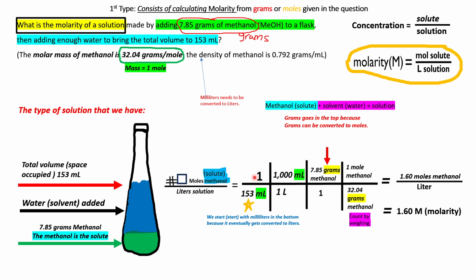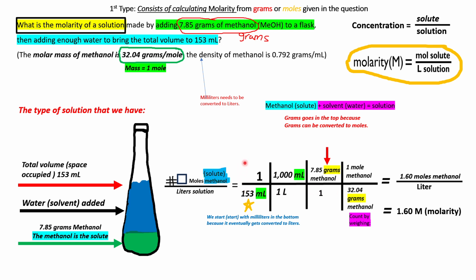The reason you write the 1 is because this is not a conversion factor. The other reason you're writing milliliters in the bottom is because you want to end up having liters somewhere here in the bottom.